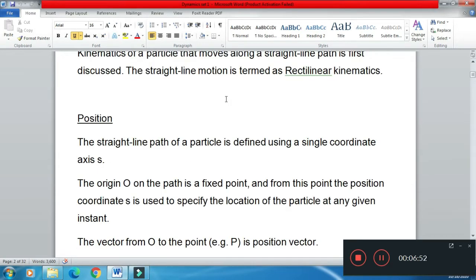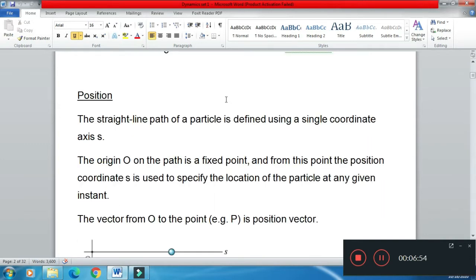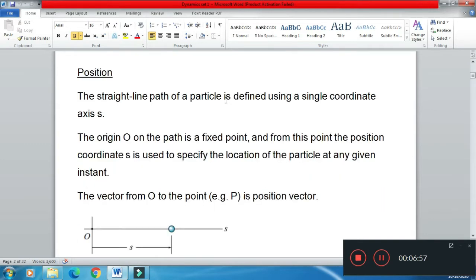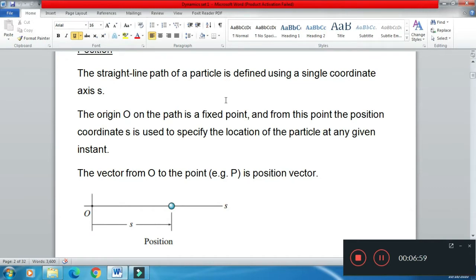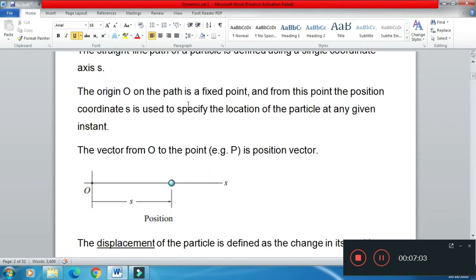For the straight line motion, a single coordinate axis is sufficient. So we consider a single coordinate axis, which is S, and on the axis we mark a point O, which is the origin. For the various quantities, we need this coordinate system and we need the origin.